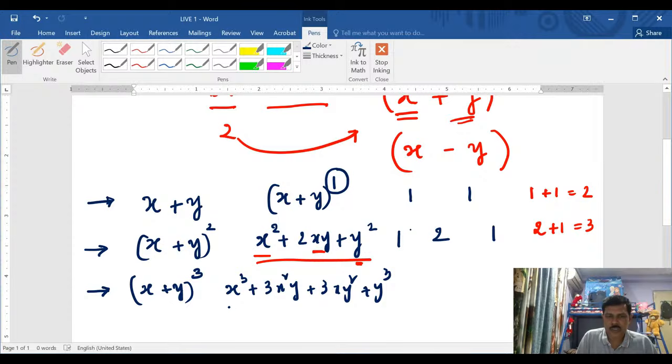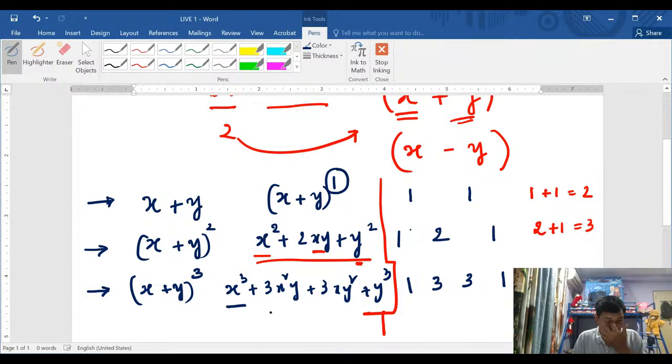You can see x cube has one coefficient. Let me demarcate these with something here. These are the coefficients I am trying to write. So the coefficients here will be 1, 3, 3, and 1.